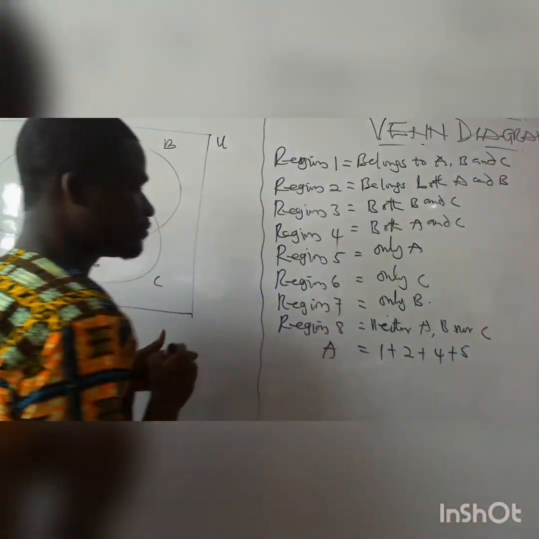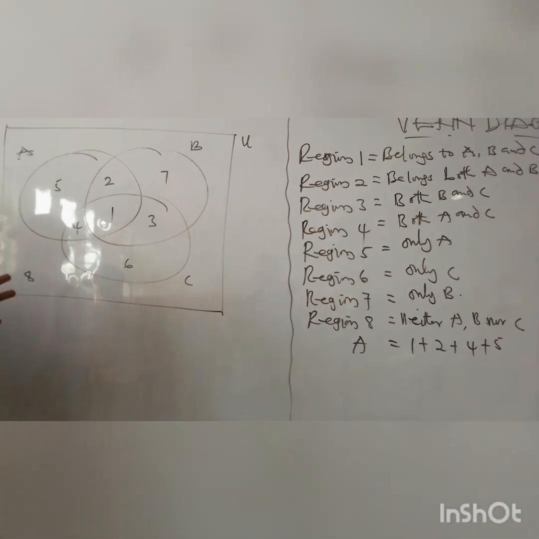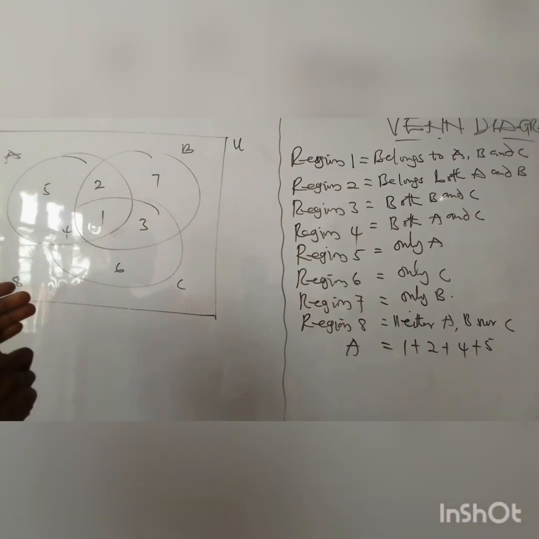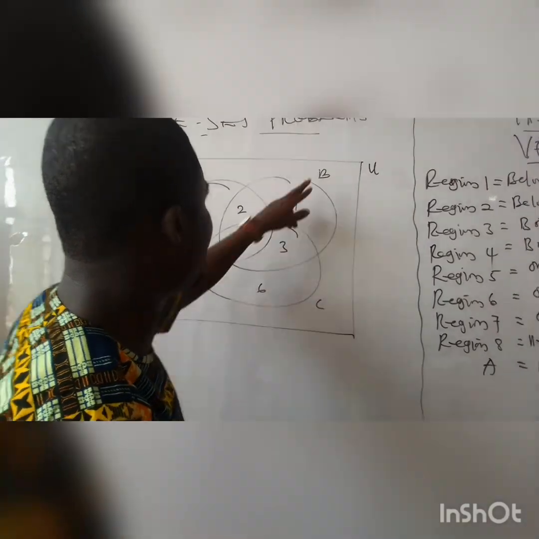Take note, A is equal to region 1 plus region 2 plus region 4 plus region 5. Okay, now let's go to B.